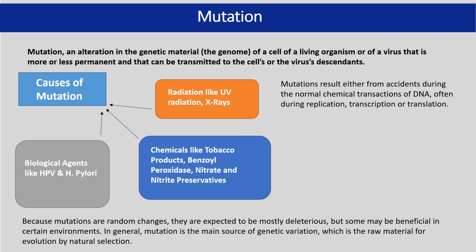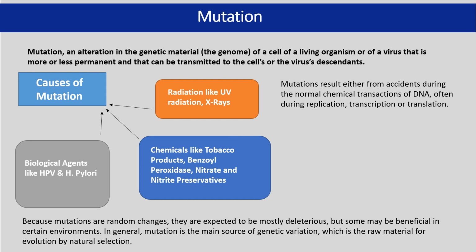If we look into the different reasons why mutation occurs, basically we will find three major categories. First, mutation that happens due to exposure to radiation like UV radiation or X-rays. Then chemical mutagens, like tobacco products, benzoyl peroxide, and nitrate and nitrite preservatives, which are found in food or some cosmetic items, can also cause some mutation.